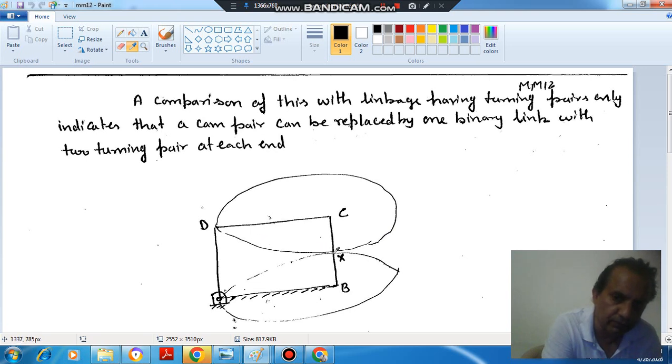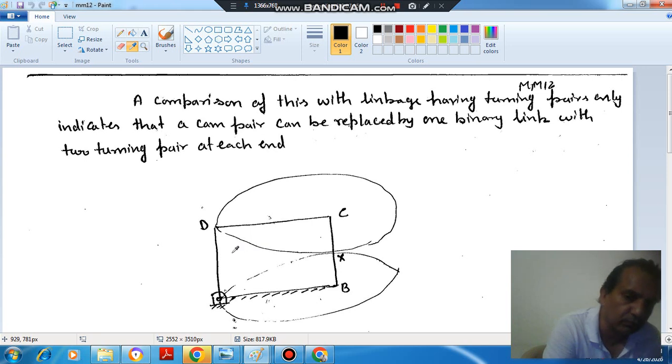Now there is point contact here, and it is a mechanism, because point contact means higher pair. So there is one higher pair, and this and this make one lower pair. So two lower pairs and one higher pair is the same as that of the 4-bar chain.